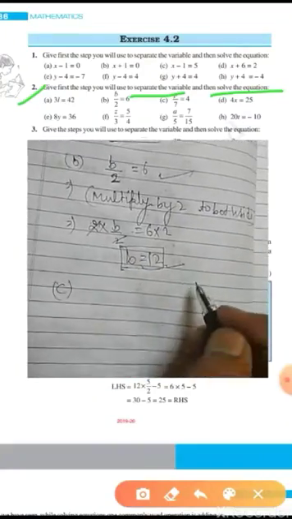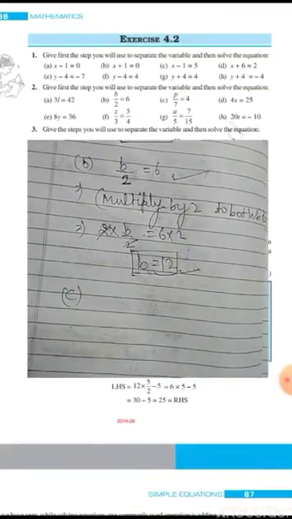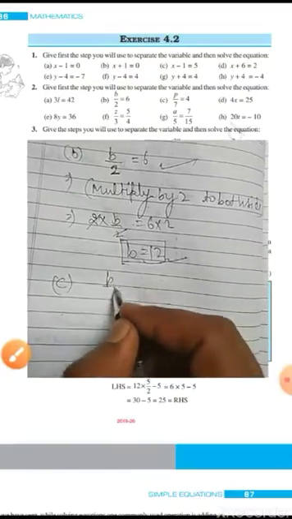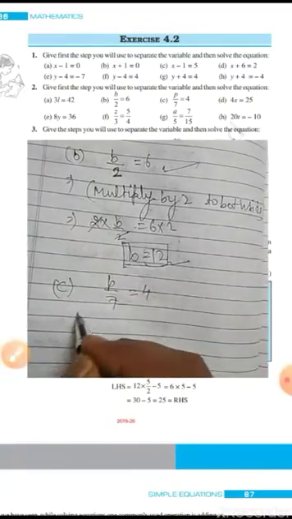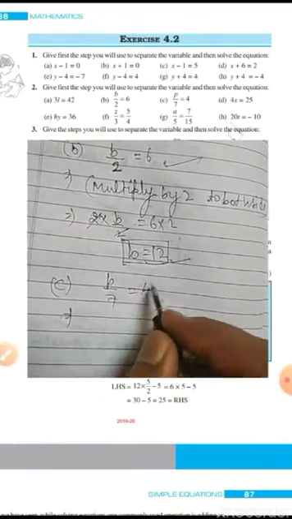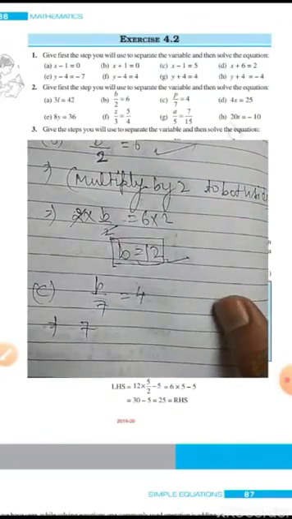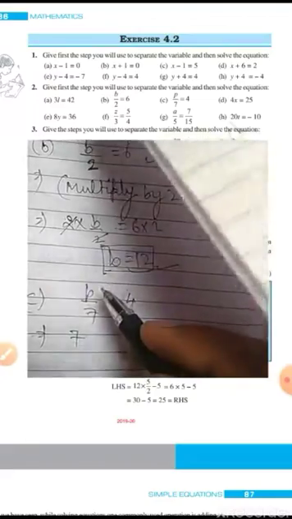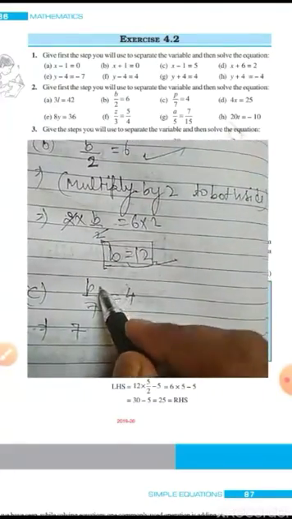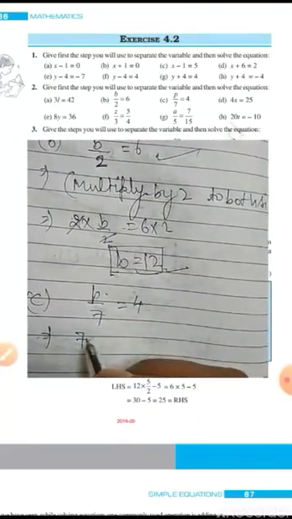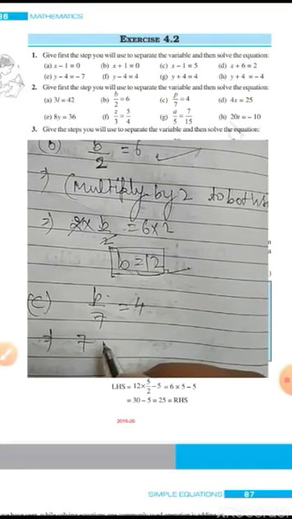Now c is what? p upon 7 is equal to 4. Multiply by 7 on both sides. So the first step we use to separate this variable p, we have to multiply by 7 on both sides.